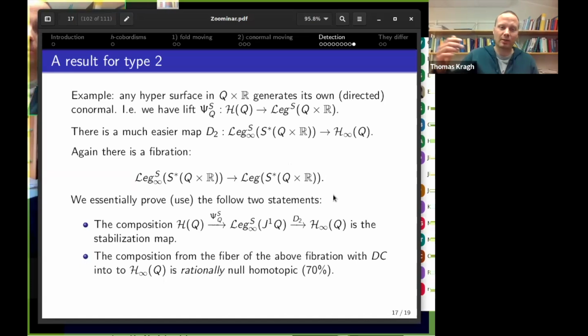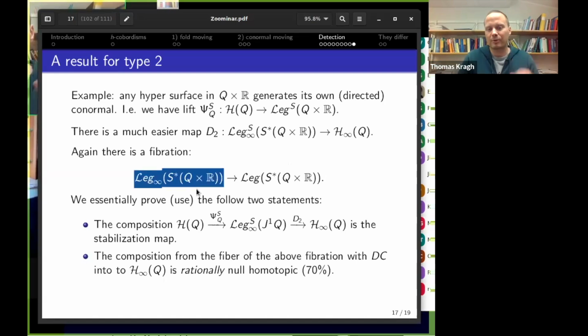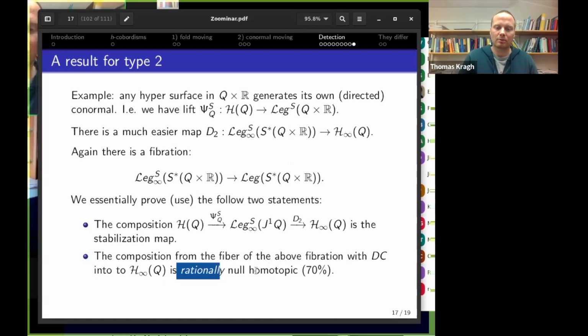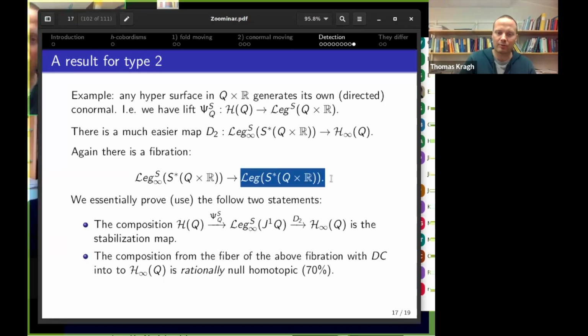That in fact, what you're doing when you're taking Legendrians in this bigger space is that you're extending the base, but you're also extending the fibers because you're allowing a more general type of structure, but it's not completely clear. If it is the same fiber, it would mean that it's rationally null trivial in this case that we're dealing with here. Because the things that generate the 0 section are this space called M infinity and it's rationally trivial. So that means this is rationally injective and rationally it maps down to this space non-trivially, injectively.